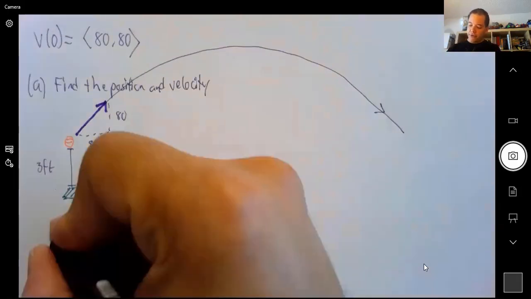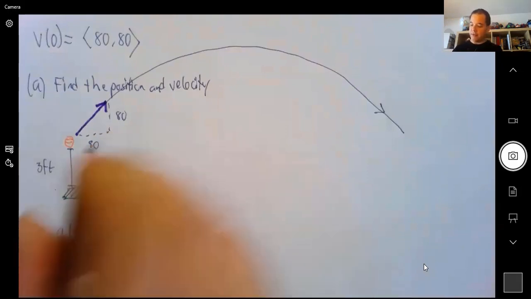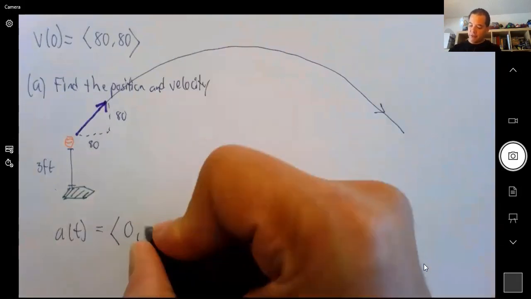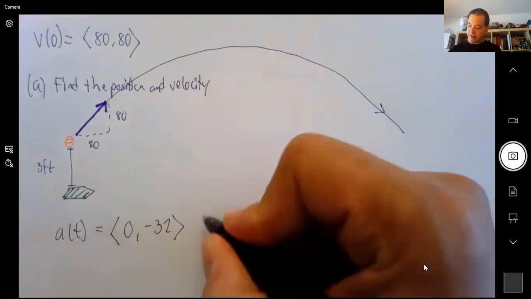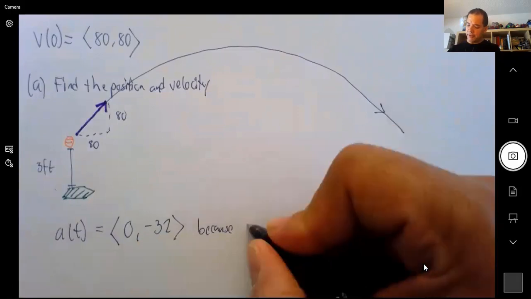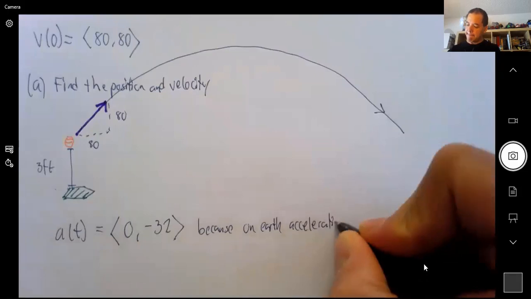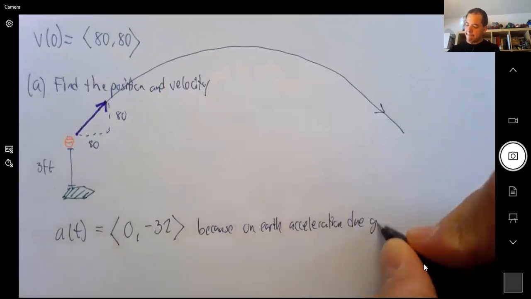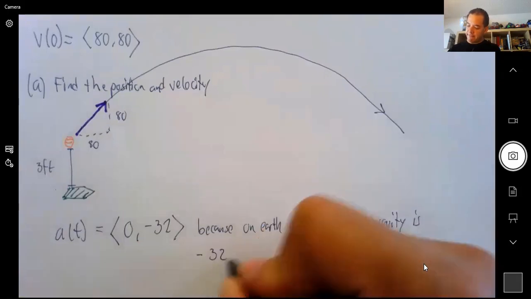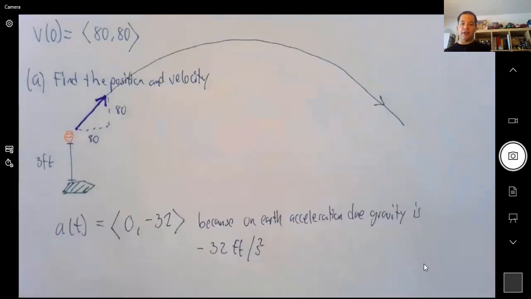So for all times, the acceleration is going to be nothing in the x, but on the y, it's negative 32, because on Earth, acceleration due to gravity is negative 32 feet per second squared. So that's our only clue.